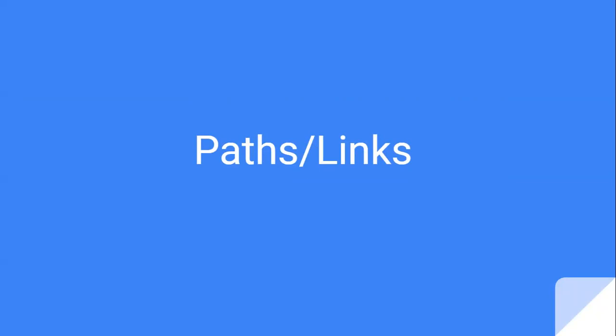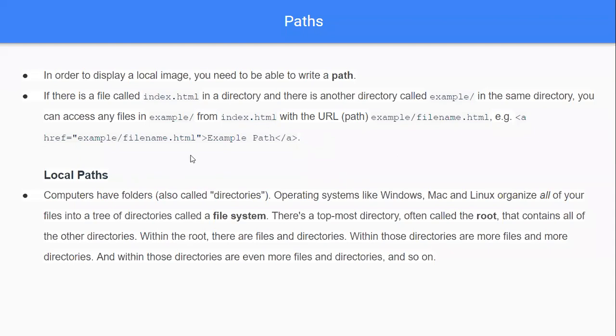they're files, they're JavaScript files, and sometimes I can't find them because I'll show you why. It gets tricky, right? So this file path, in order to display that local image, you need to be able to write a path.